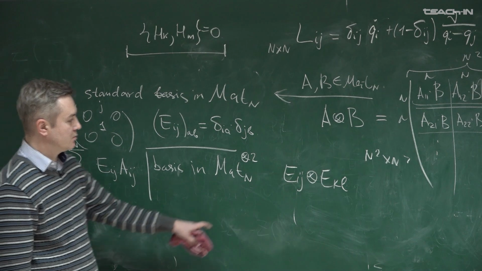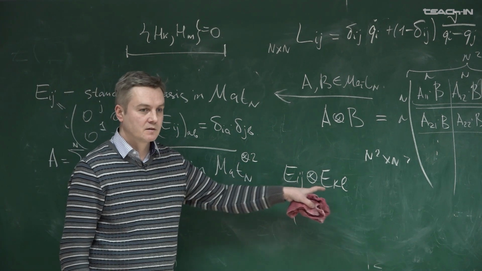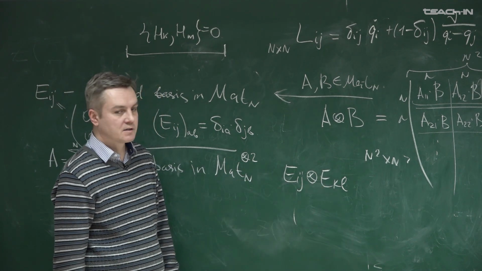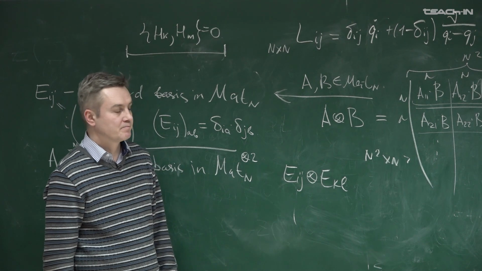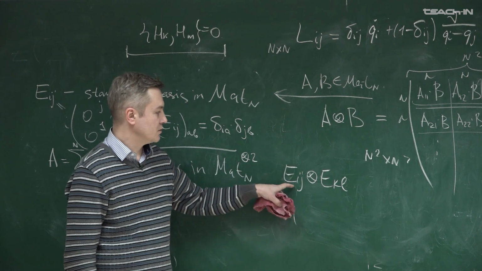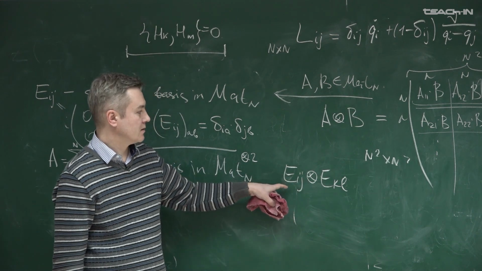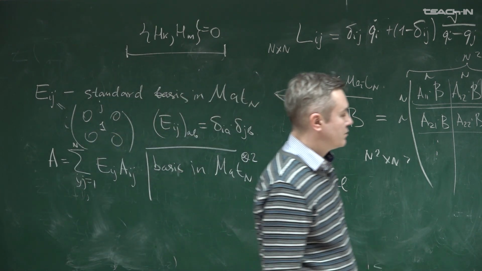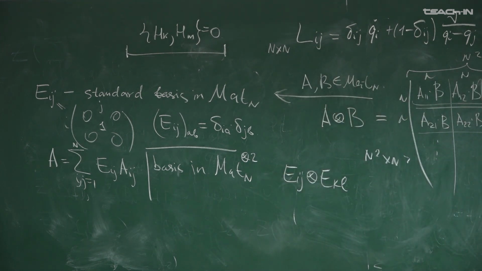Yes, so it is numerated now by 4 indices, and this is why it is n squared by n squared. So multiplying all these unit matrices, you will obtain all possible matrices n squared by n squared with a single element which is equal to 1, and all others are equal to 0.